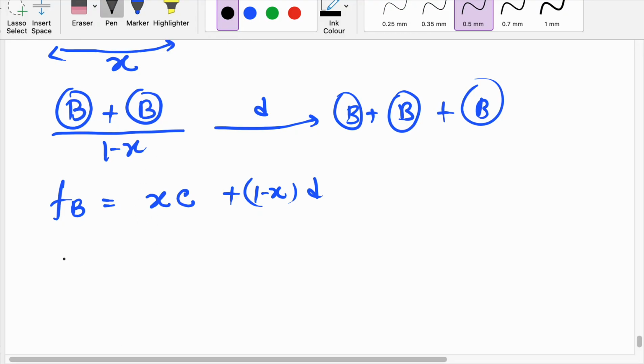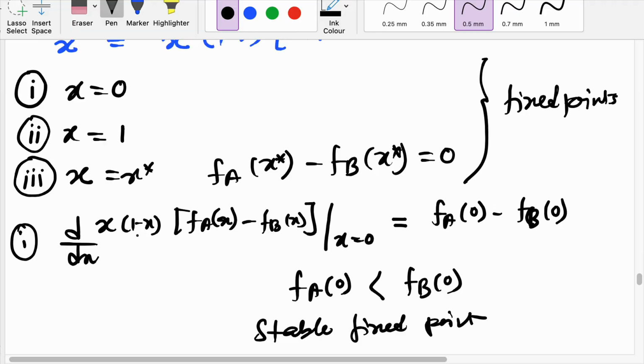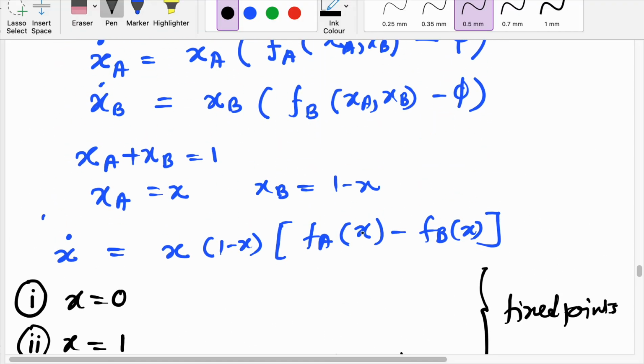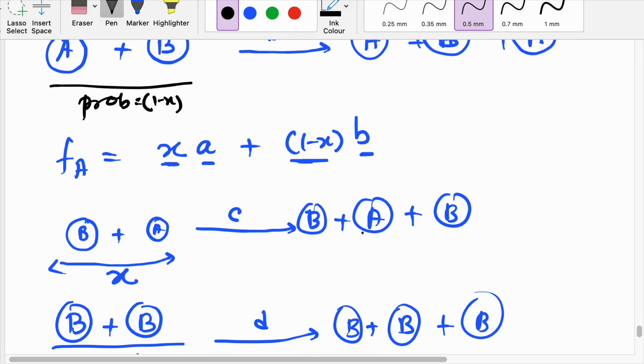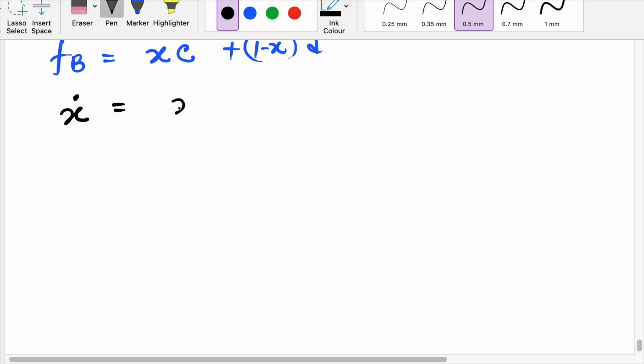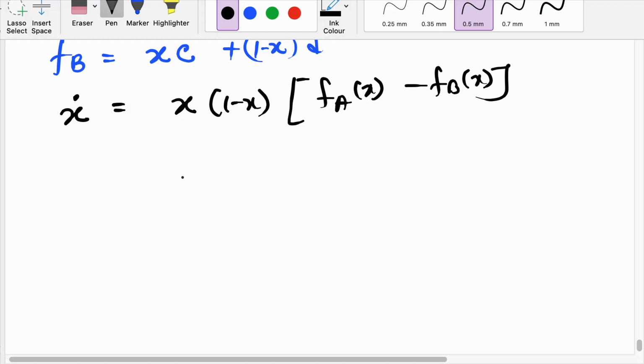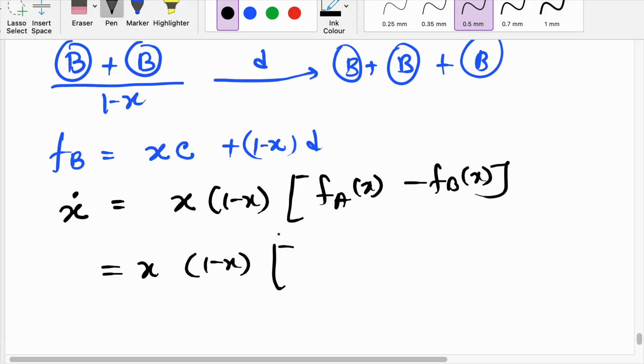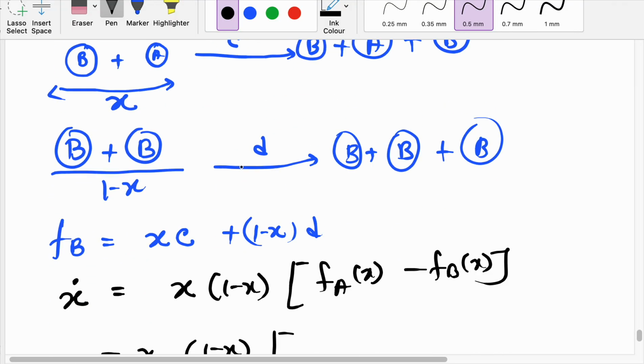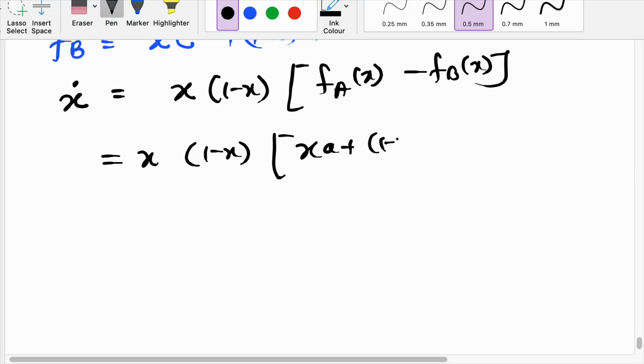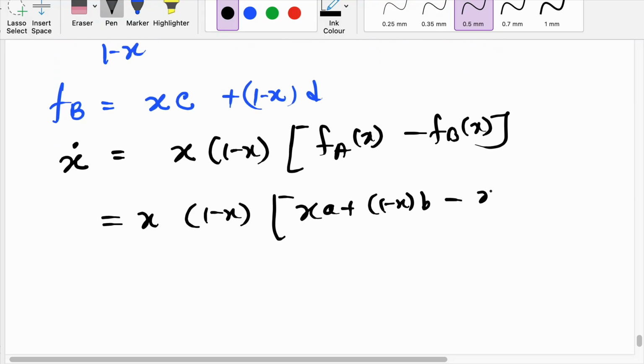Now I can simply write my equation. Since I know fA and I know fB, I write x dot equals x into 1 minus x into fA of x minus fB of x. This will be x into 1 minus x into [xA plus (1 minus x)B minus xC minus (1 minus x)D].